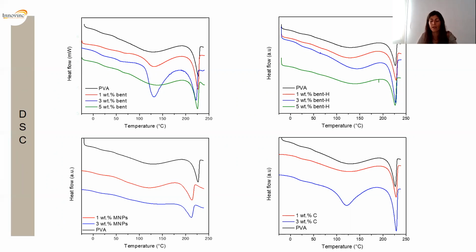When we have a good filler-PVA interaction and higher filler contents, the PVA chain mobility is reduced, and this is the effect on the thermal properties.